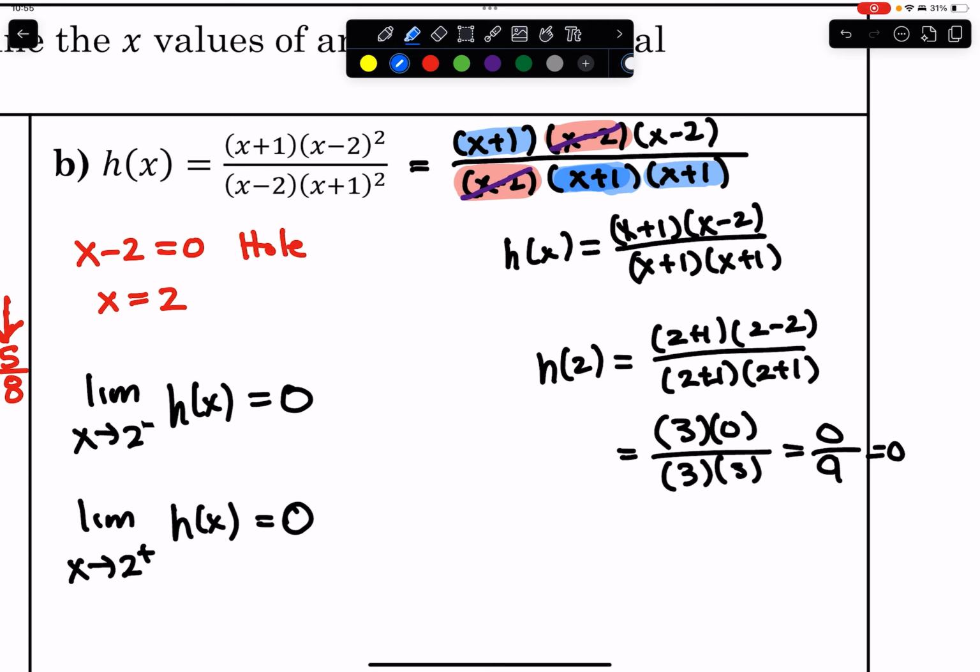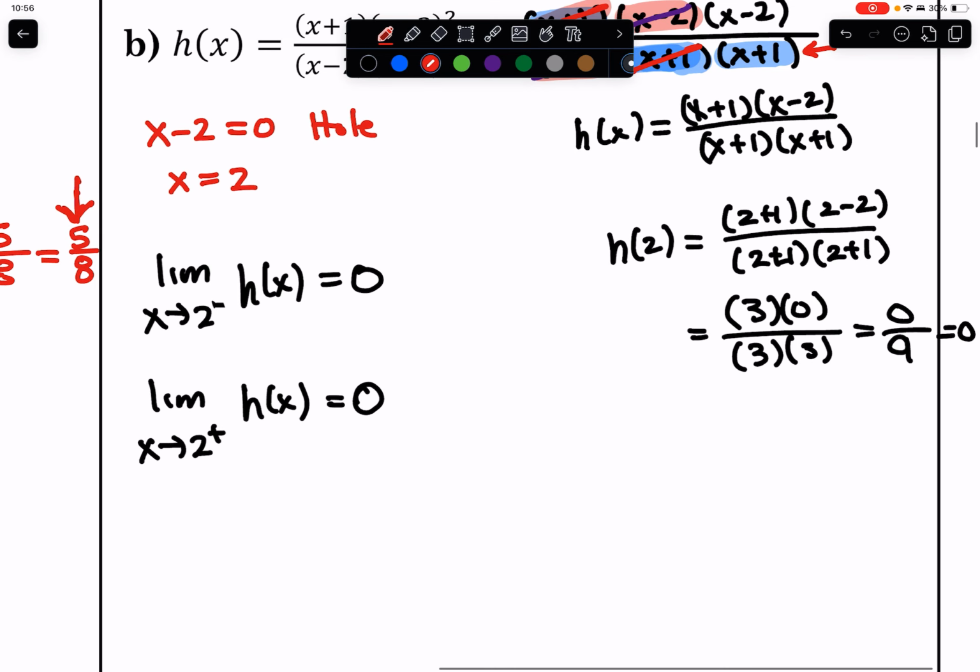But if I factor out this x plus 1 with only one of them, we still have an x plus 1 on the bottom. Since this one doesn't match up with anything else, there's no hole to fill in with this one. So we're going to end up with a vertical asymptote at x plus 1.